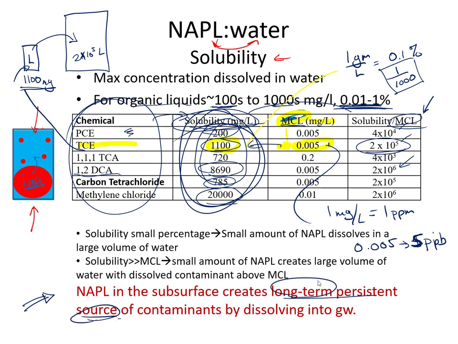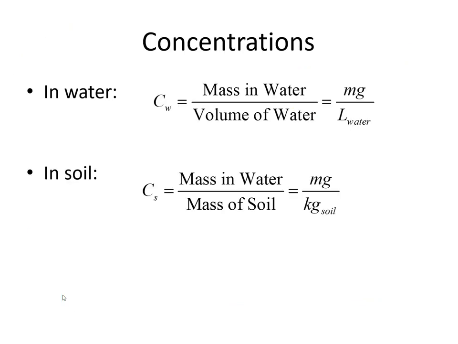It'll be long term because the solubility is small, but the MCL is much smaller. So it'll create a large volume of contaminated water potentially. This is really why we have these persistent plumes associated with chlorinated solvent contaminants, particularly when NAPL is in the ground.